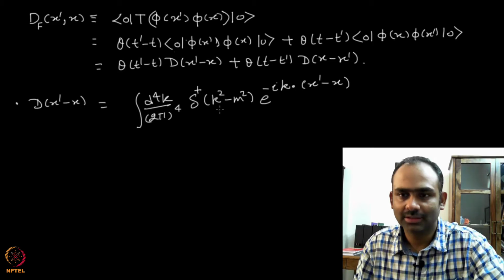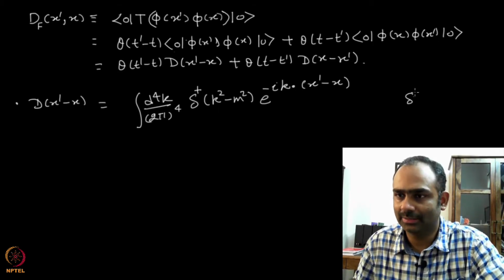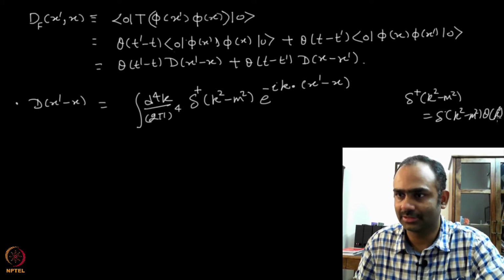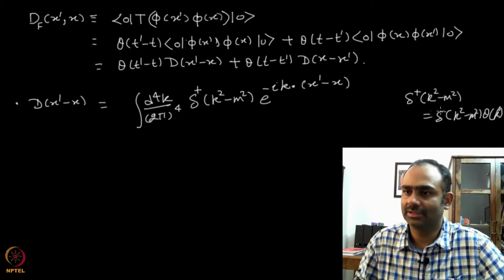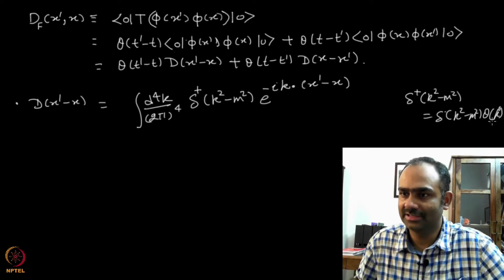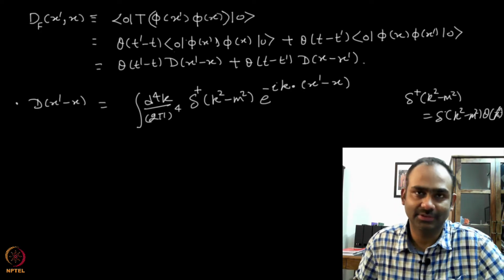Let me remind you that delta plus (k^2 - m^2) is just a shorthand notation for including theta of k0, which means this quantity is non-vanishing only when the sign of k0 is positive.